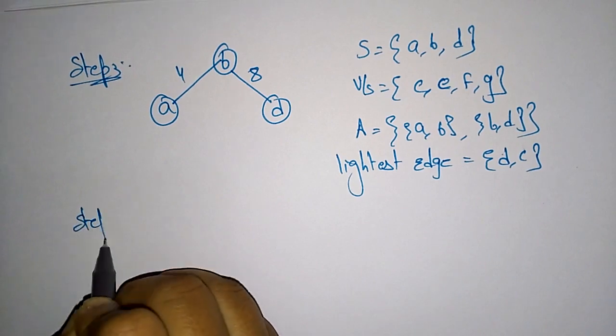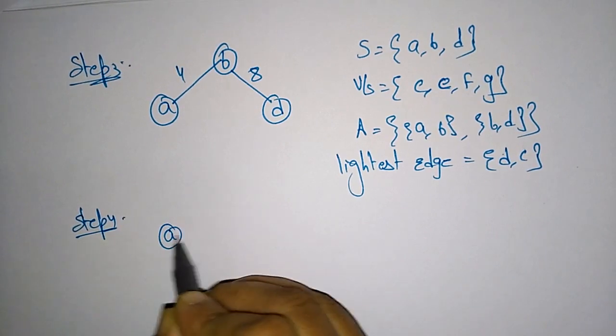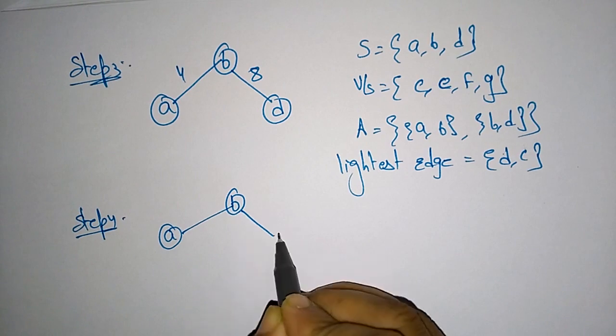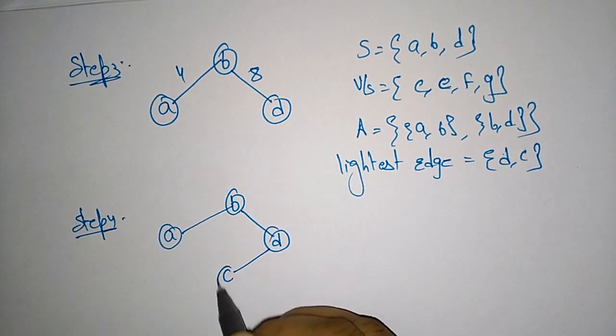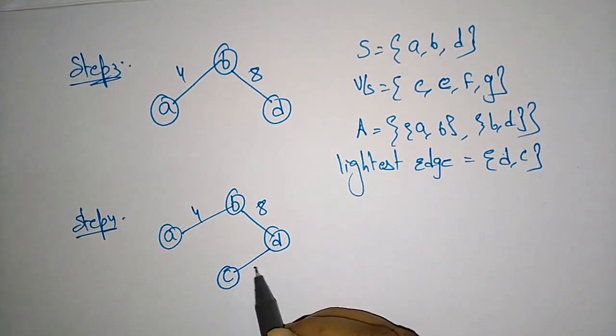So step 4: A, B, D, and C, with weights 4, 8, 2.